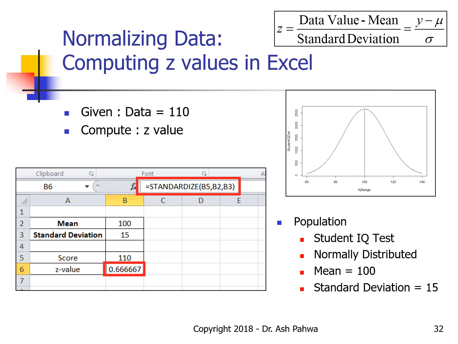The mean is given to us as 100 and the standard deviation is given to be 15. So in Excel I'm going to say STANDARDIZE, then B5, which has this 110, then B2, which has the mean, and B3 has the standard deviation. So I get the value of 0.6667. So that is my z value for this data element of 110.